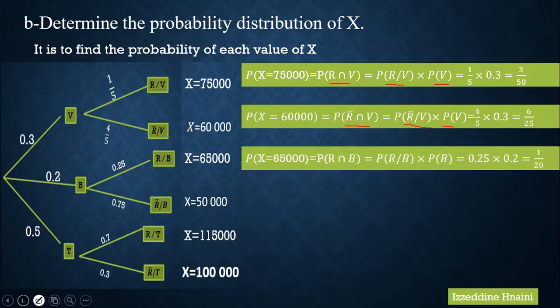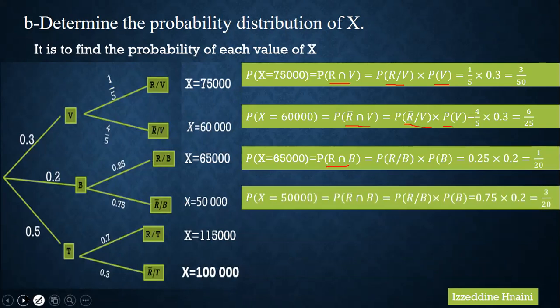Third, 65,000, this value of the random variable corresponds to the event R intersect B. So the probability of R intersect B equals probability of R given B times P(B), which is 1/20. And similarly for the other events, this process is called the probability distribution.